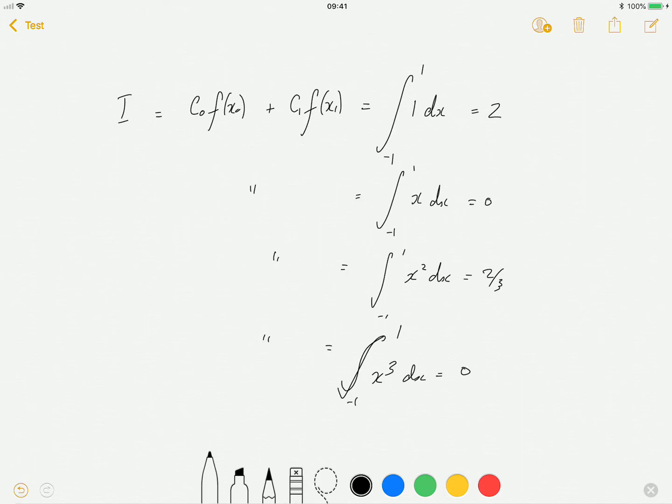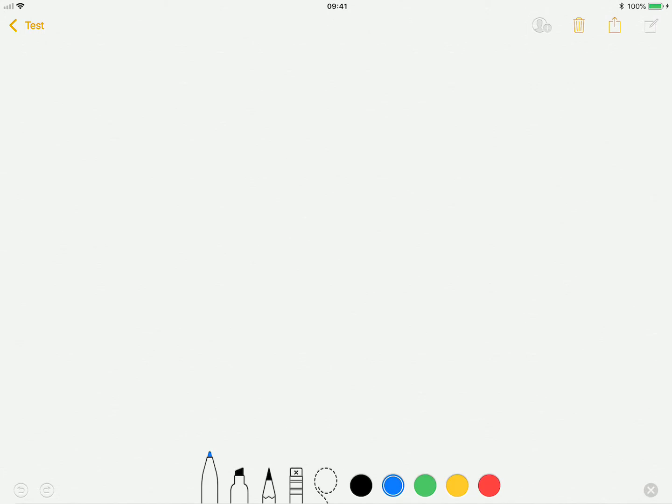Now if you solve this set of equations, you end up with the following. c0 equals c1, which is equal to 1. x0 is minus 1 over root 3, and x1 is equal to 1 over root 3. So this means that our integral simply becomes the function value at minus 1 over root 3 plus the function value at 1 over root 3.